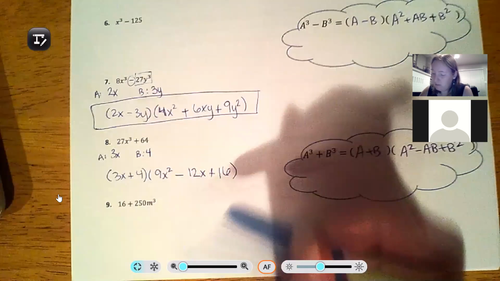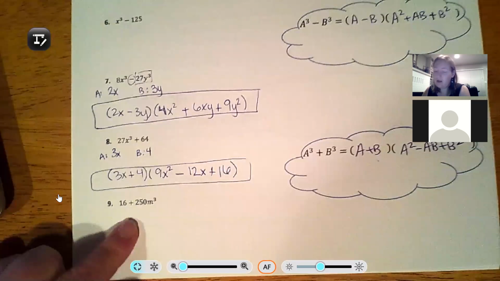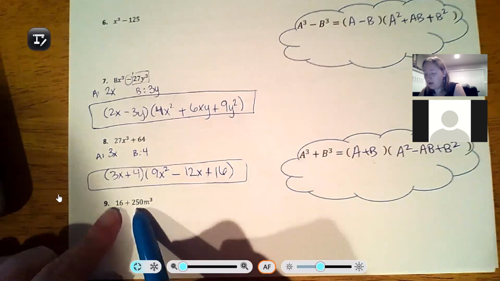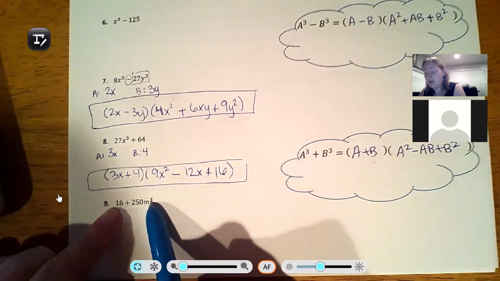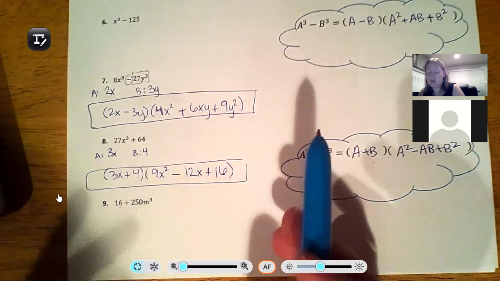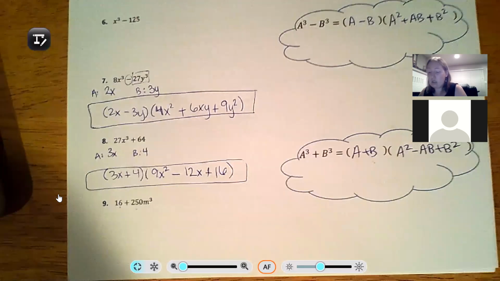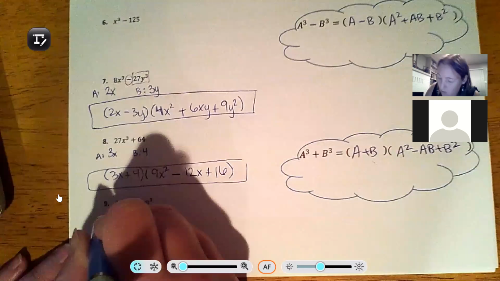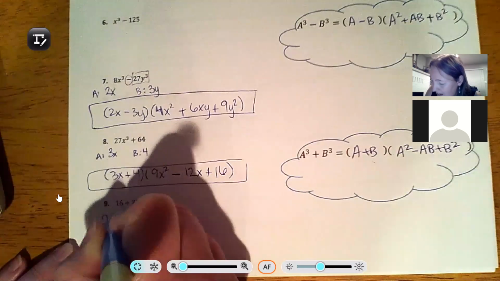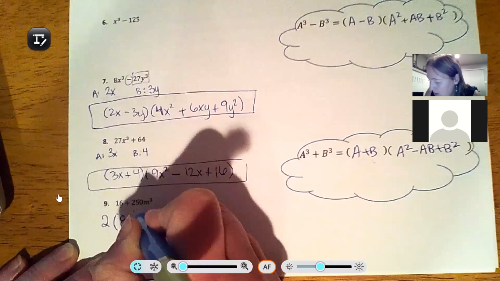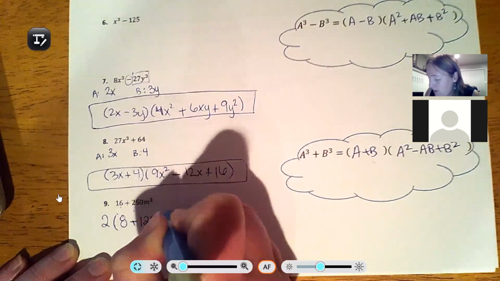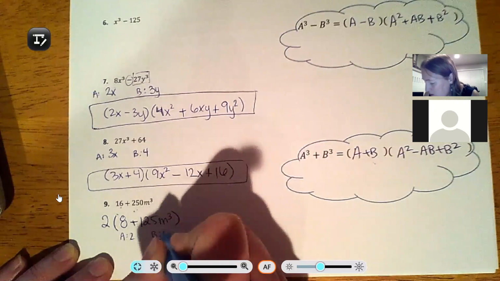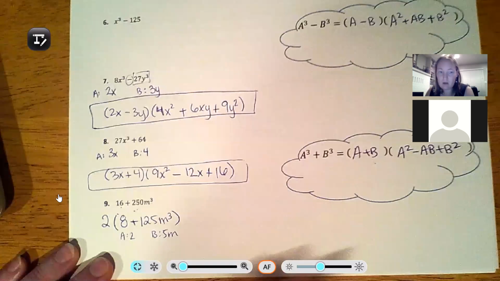And this last one doesn't look like anything is being, I mean, this is a squared thing. That's not a squared thing. It's got a cube. It's a plus, so it's not a difference of squares, even though 16 is a square number. It doesn't look like a sum of cubes, but once we realize, oh, these are both multiples of 2, and we take out the GCF, this actually is a perfect square with terms.